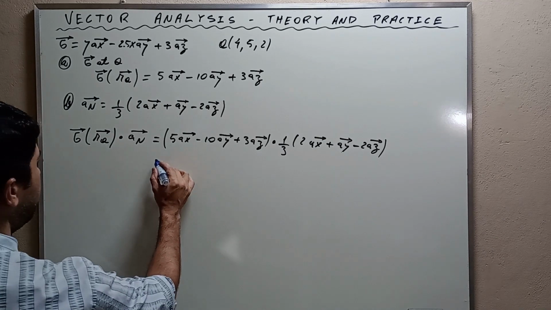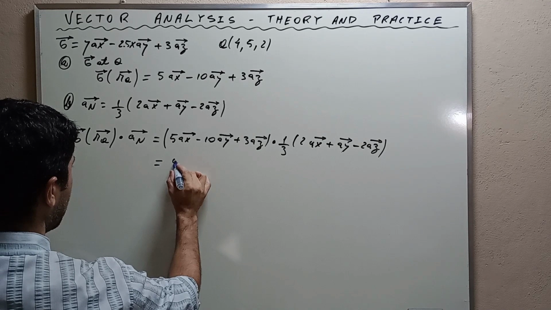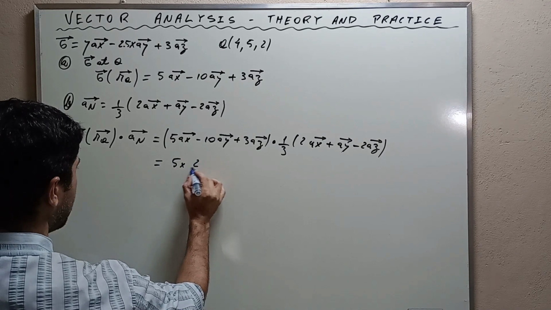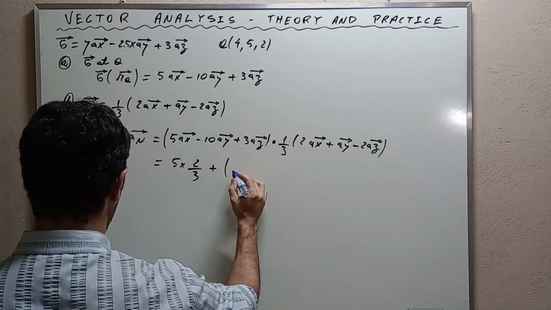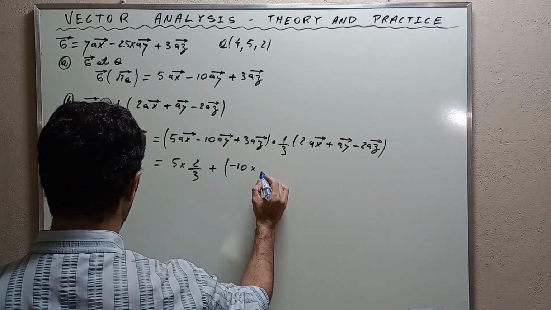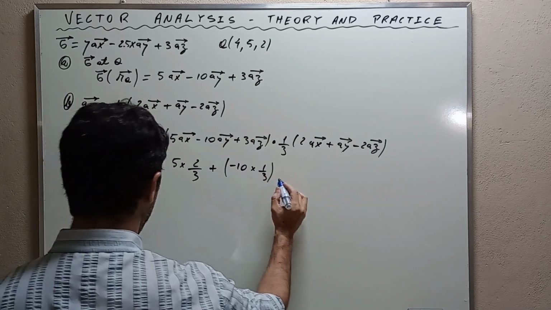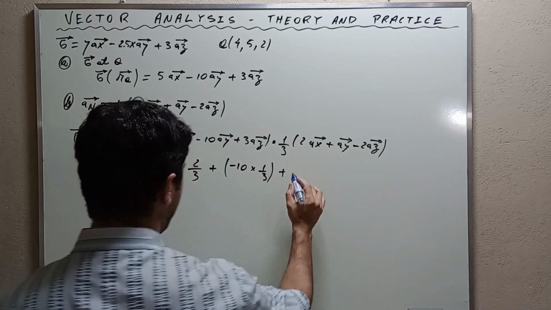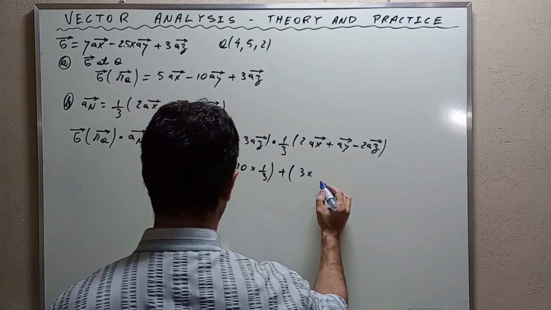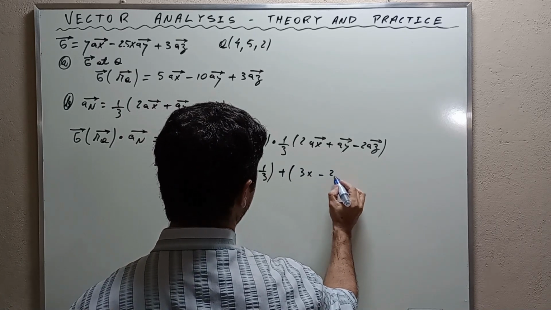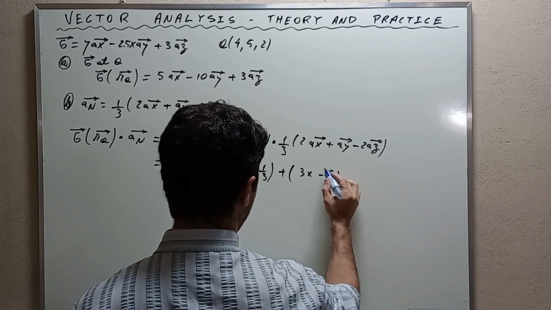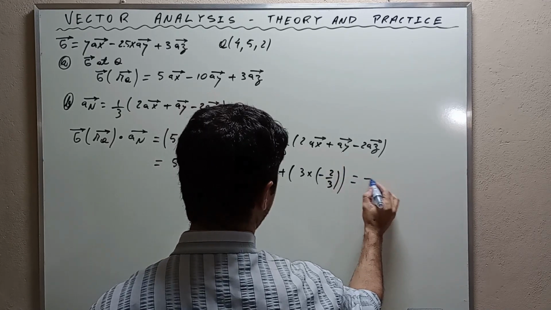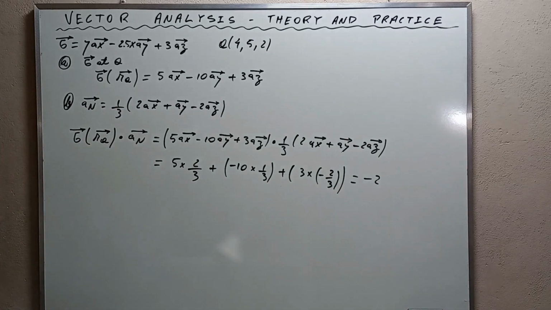It is going to be 5 times 2/3 plus -10 times 1/3 plus 3 times -2/3. And this is equal to -2. This is the result of letter B.